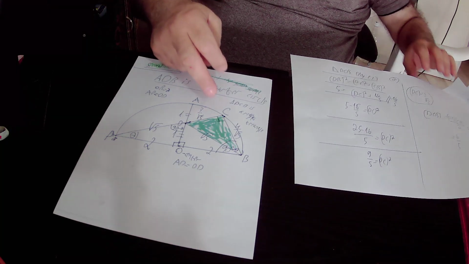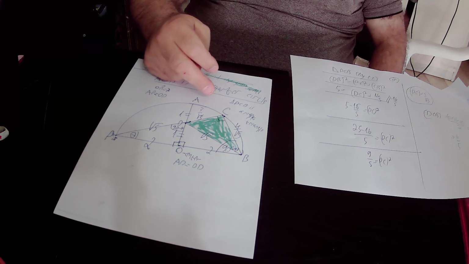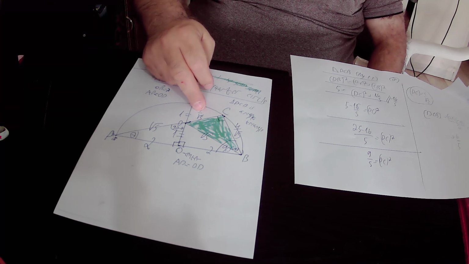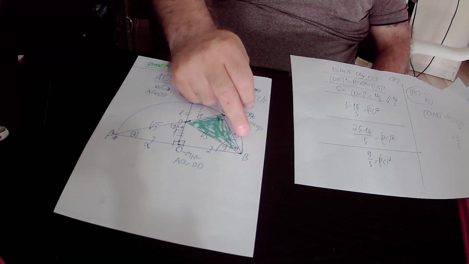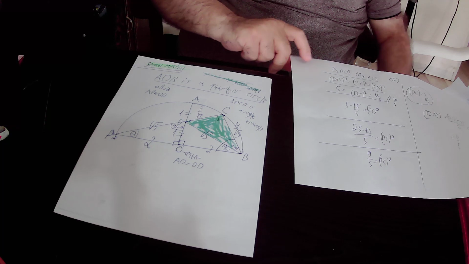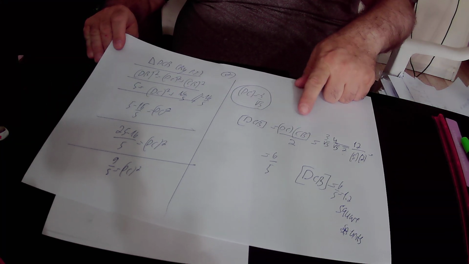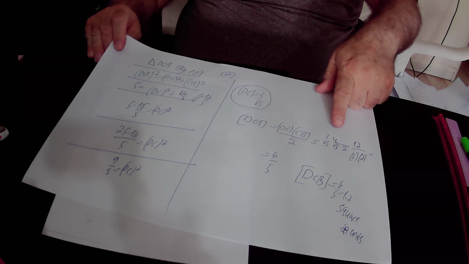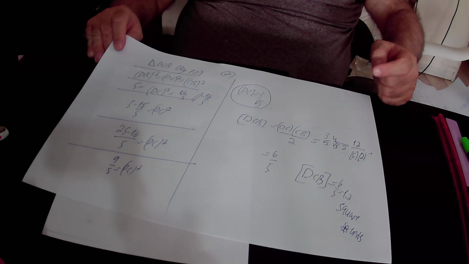Then the area of this right blue triangle, triangle DCB, is very simple to find. It is equal to the base DC times the height to the base, that is CB, over 2. DC is 3 over square root of 5, CB is 4 over square root of 5, all divided by 2.